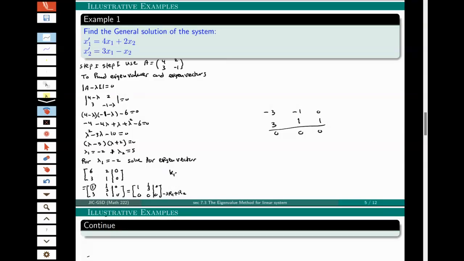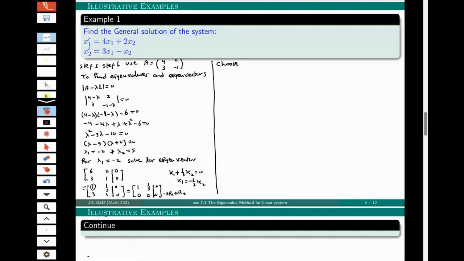Therefore, we have k1 plus 1/3 k2 is 0, which means k1 is minus 1/3 k2. Therefore, we now choose k2 to be minus 3, so we get k1 will become 1.